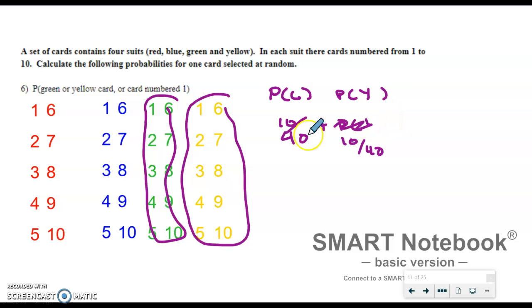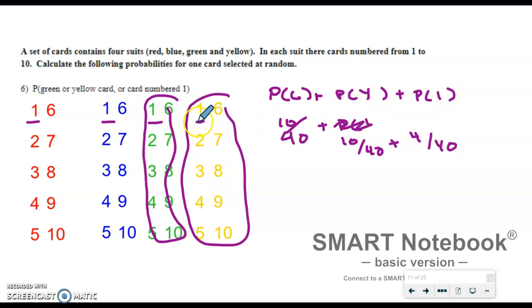Now, how about cards that are numbered 1? It looks like I have 1, 2, 3, 4, so 4 out of 40. Now, is there any time in which these things happen at one time, that it's green, yellow, and 1?